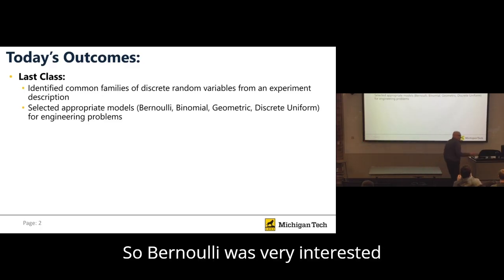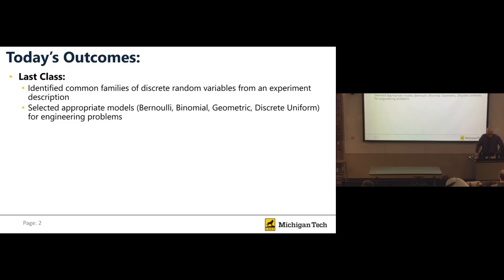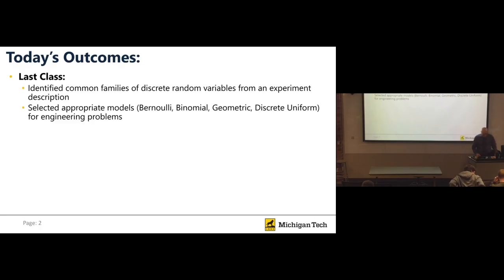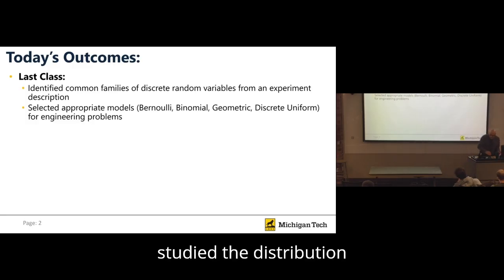Bernoulli was very interested in gambling, so he studied that a lot and formalized these kinds of random variables that can be success or failure. He studied the distribution of that, or the probability mass function of that.